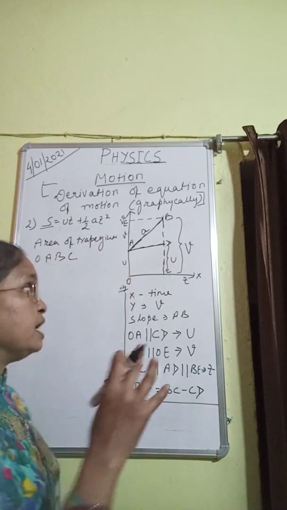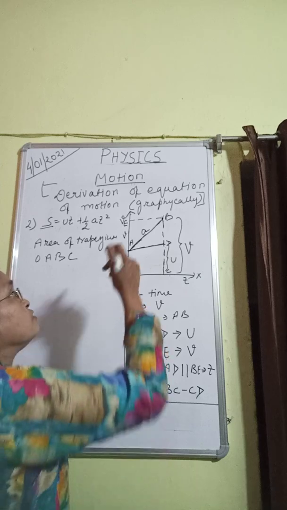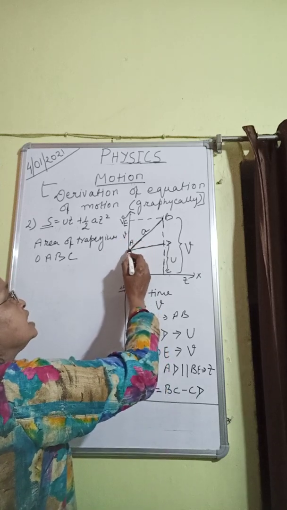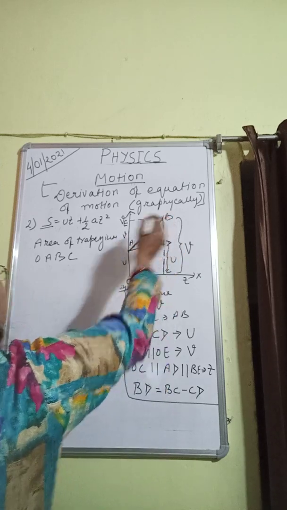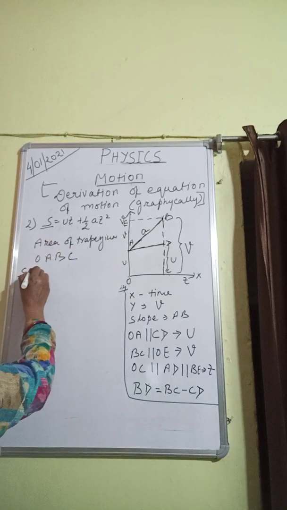So in this area you are getting two things. One, the triangle, that is A, B, D. So we can write this as distance covered.